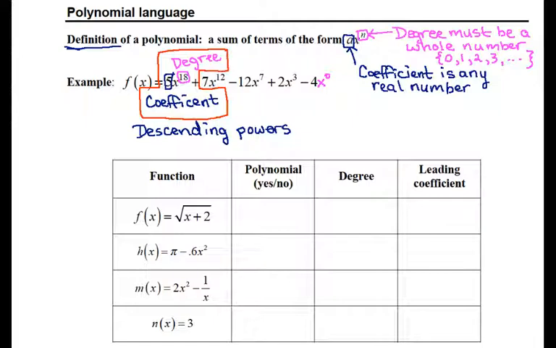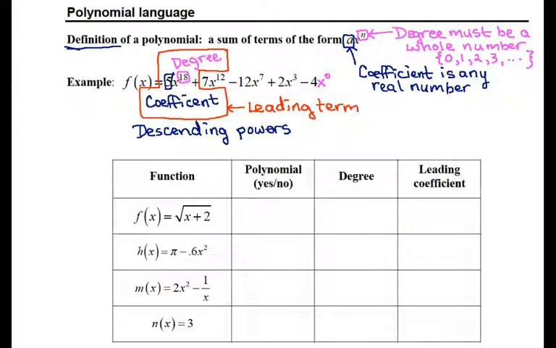Five x to the 18 is a term of the polynomial. It's also the leading term, and its coefficient is the leading coefficient of the whole polynomial, and its degree is the degree of the polynomial.